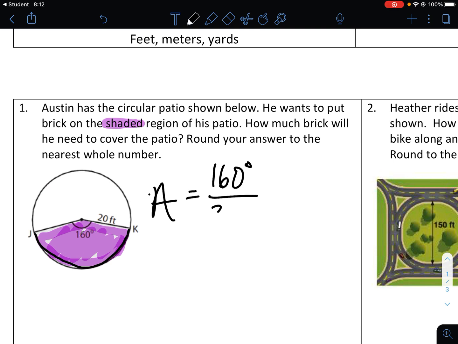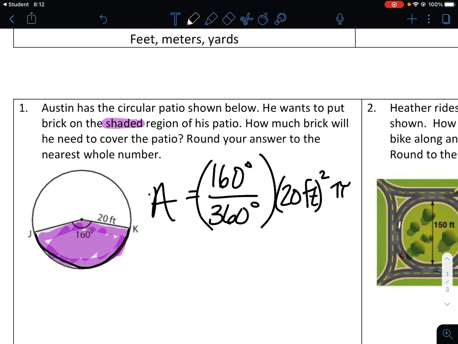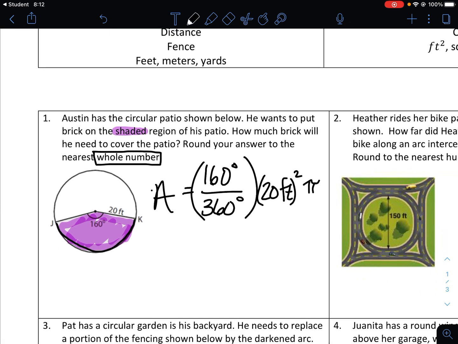We're going to divide that by 360 because that's our entire circle, and then we'll multiply that by the area, which is the radius squared, so 20 feet squared times pi. I'll let you finish the rest. Make sure that your units end up in square feet and that you're rounding to the nearest whole number. So no decimal place, just the nearest ones place.